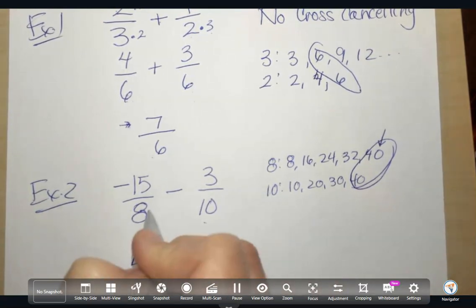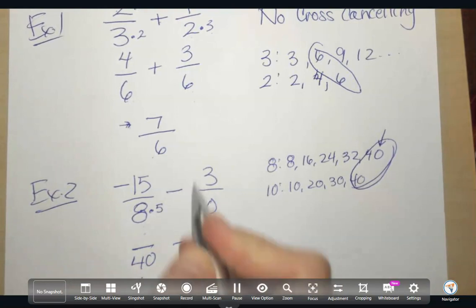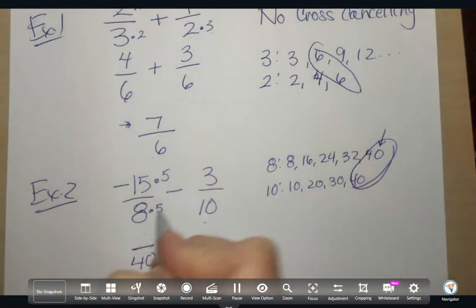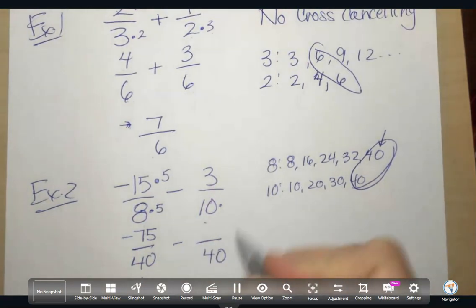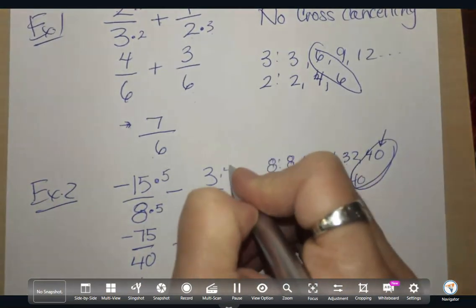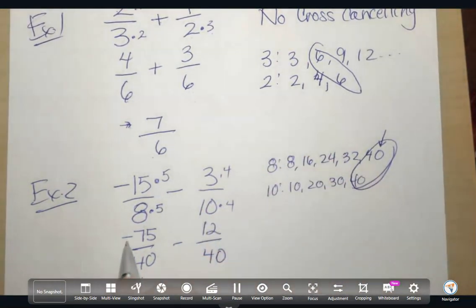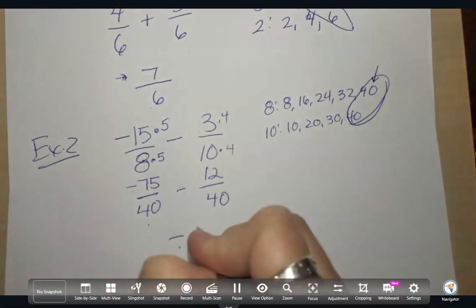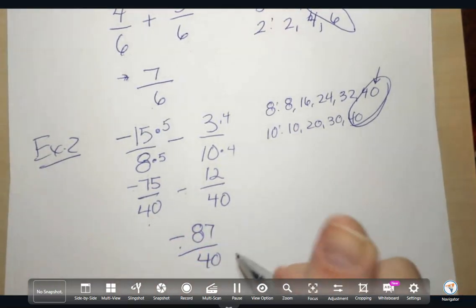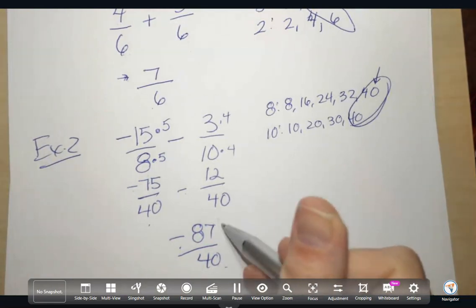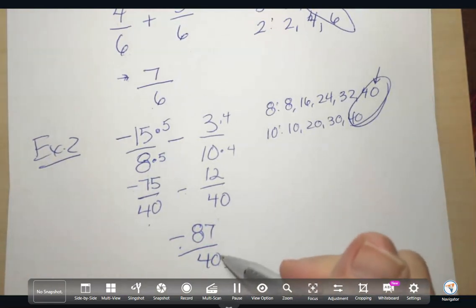And so 8 times 5 gives me 40, so 15 times 5 is negative 75. 10 times 4 gives me 40, 3 times 4 is 12. Negative 75 minus 12 would give me a negative 87/40. And at that point, I would see if I could simplify. Well, 87 and 40, there's nothing really in common, and so I'm finished.